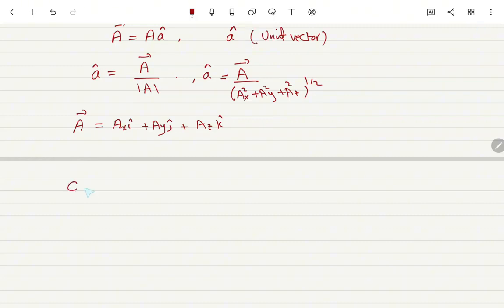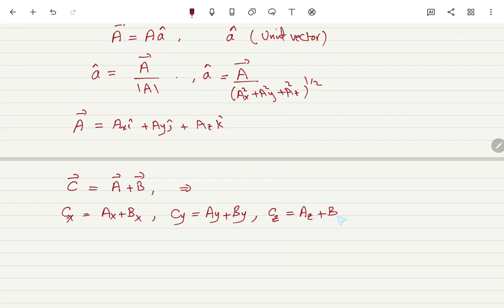If we would like to find vector c equal to a plus b, in this case here, we just add i with i, j with j, k with k. Now, we can just write cx equal to ax plus bx, and cy equal to ay plus by, and cz equal to az plus bz.